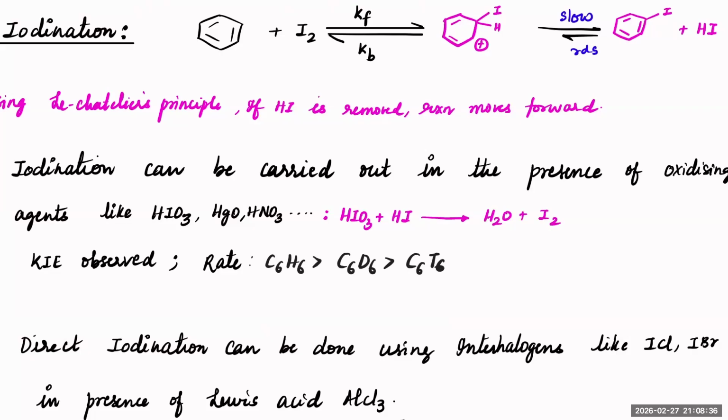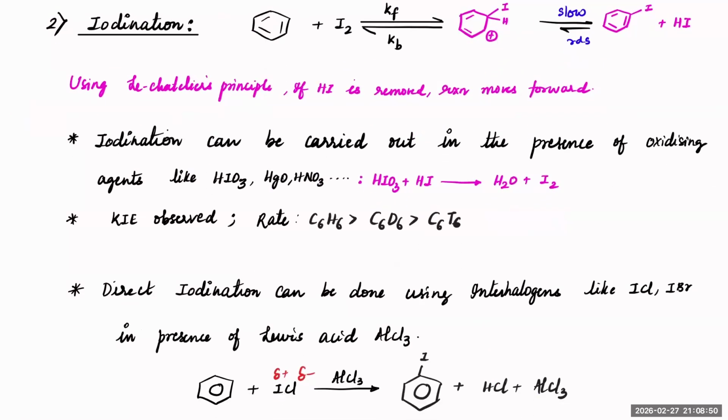Now it is an advantage at both ends. One, HI concentration is decreasing. Second, I2 concentration is increasing. Even the I2 concentration increase will make the reaction go in the forward direction. That's why if you convert the HI into I2, it is very advantageous for making this reaction go in the forward direction.